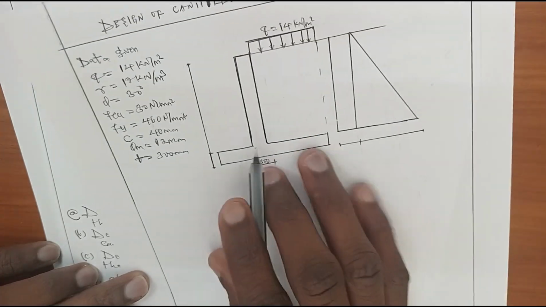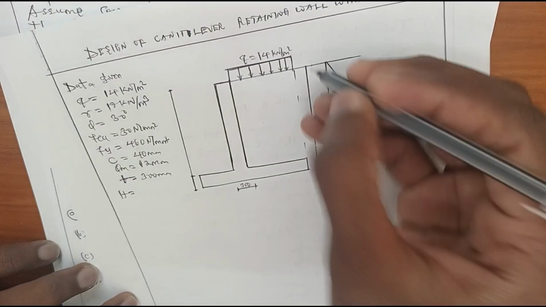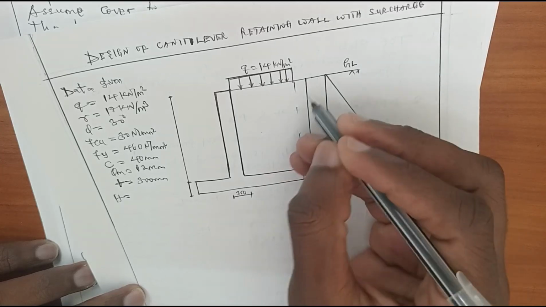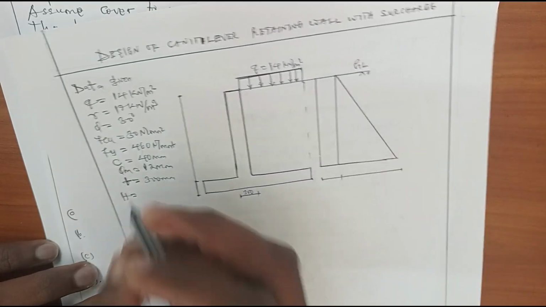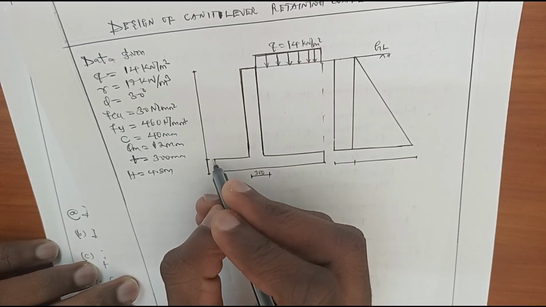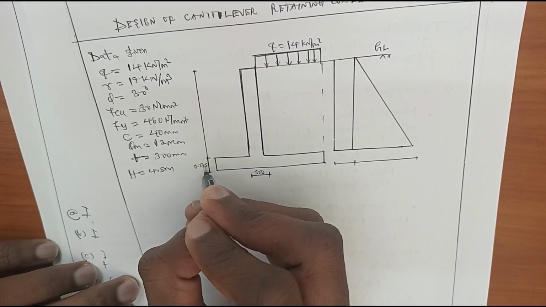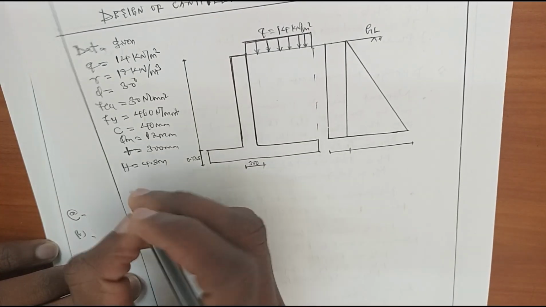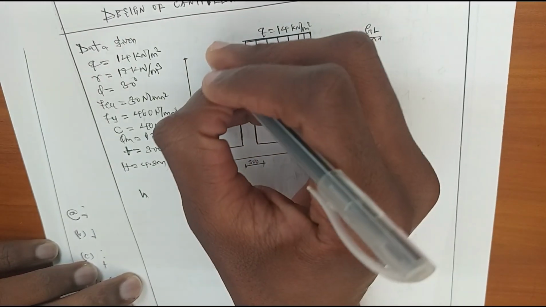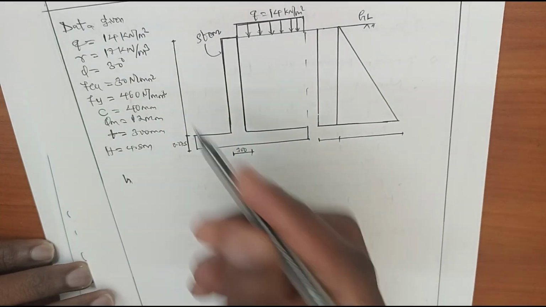Now, to obtain the height, we have the height from the ground level down to the base, which is 4.5 meter, and the thickness of the base is 0.275 meter. Because this is the stem, we are required to determine the maximum bending moment and the shear force for the stem.